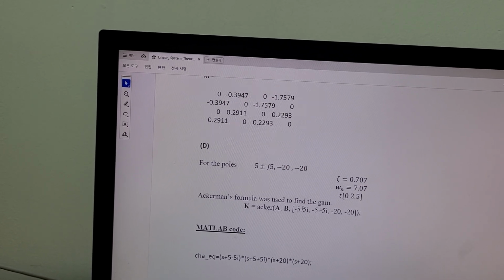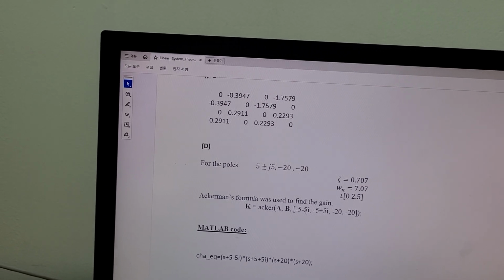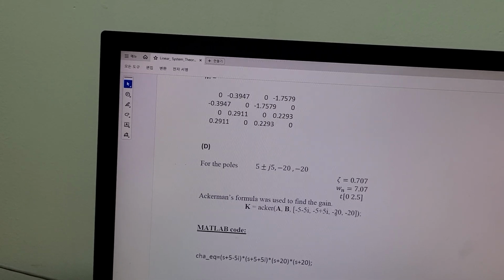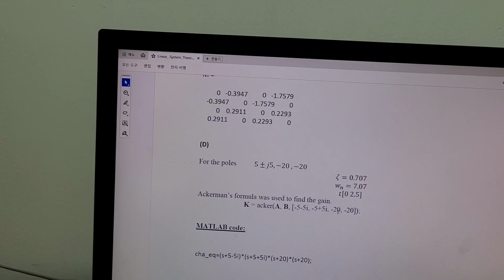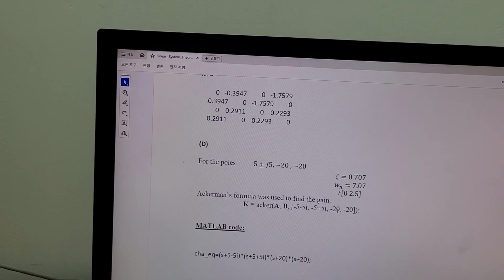So we have a complex pole pair over here, and -20 twice, which are real negative poles.